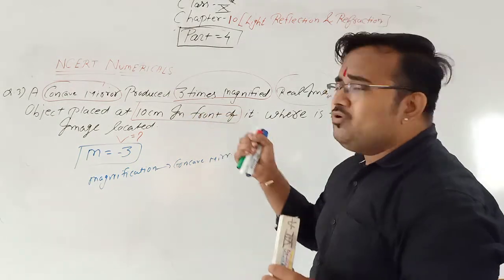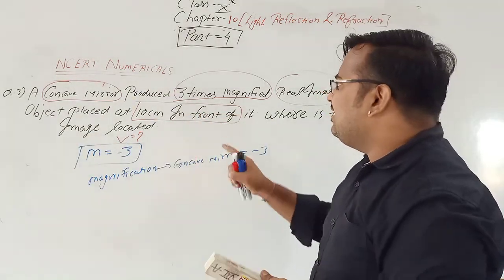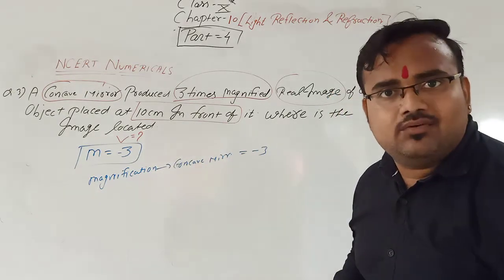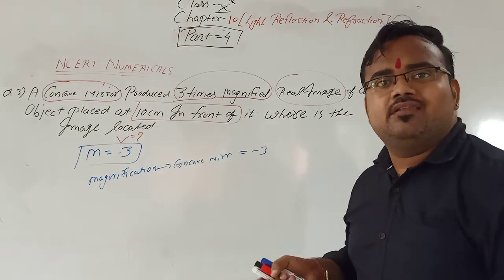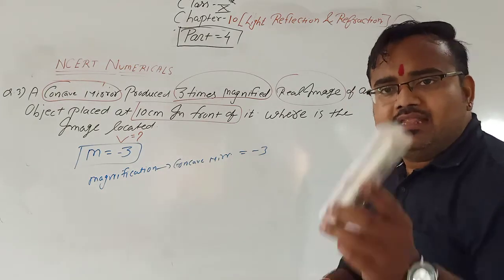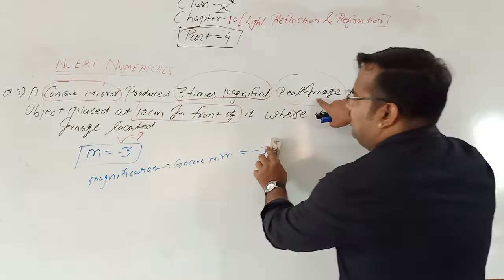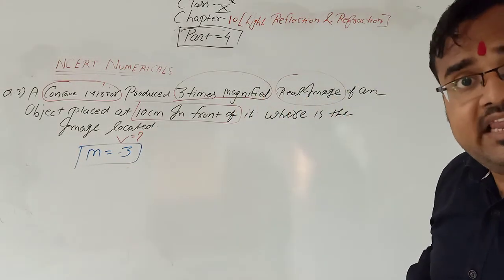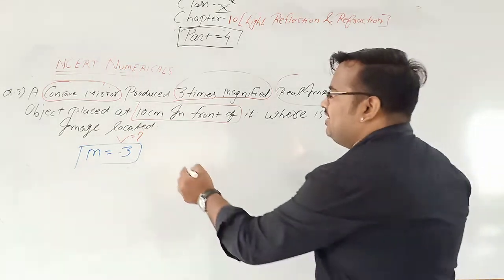Now one more very important thing. If you don't remember that the magnification in case of concave mirror is negative, then you should concentrate on this word: real image is formed.